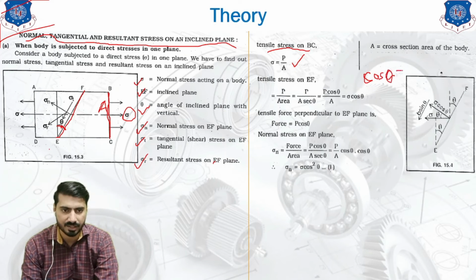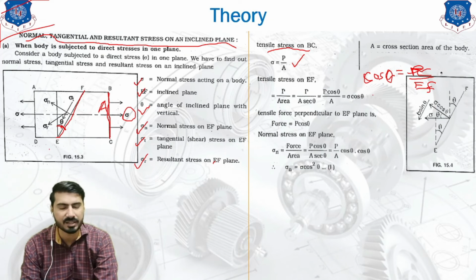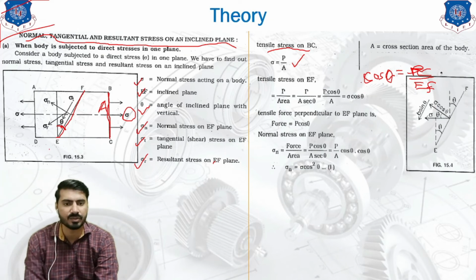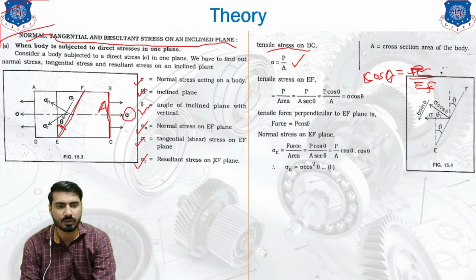Cos theta equals adjacent side, which is BC, divided by EF. Hypotenuse is EF. So if we make EF the subject, then you will get, instead of BC, A divided by cos theta.